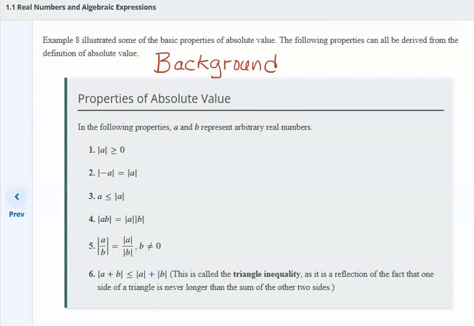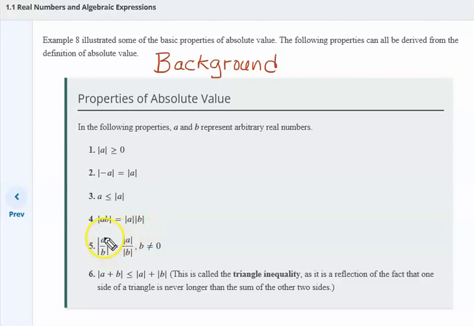So in summary then of what we've been doing, we see that the absolute value of anything is greater or equal to 0. So this would indicate a positive value. The absolute value of something that is negative is the positive value of that. A is less than or equal to the absolute value of A. And then the absolute value of AB, we could separate it.